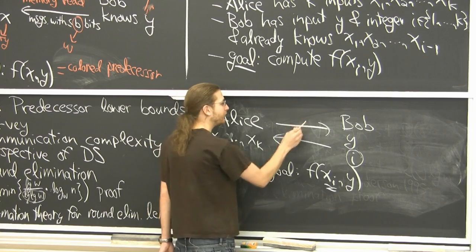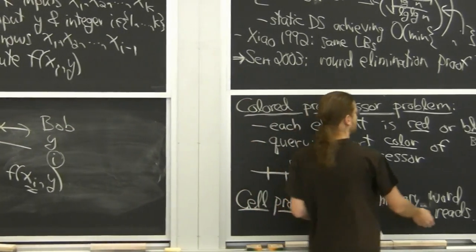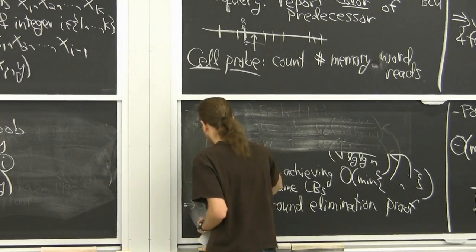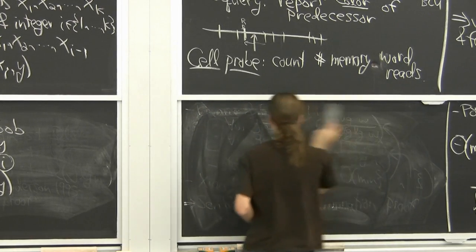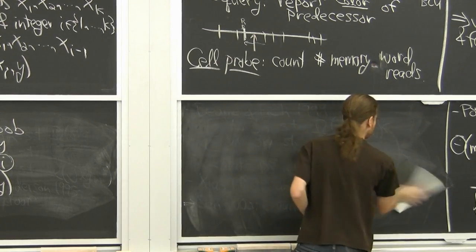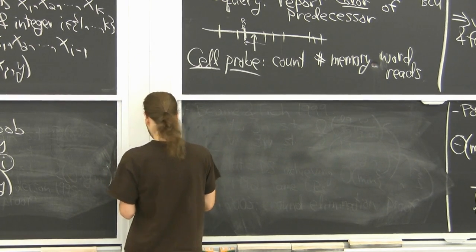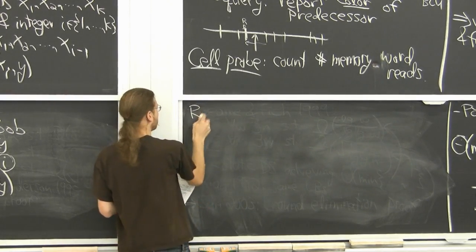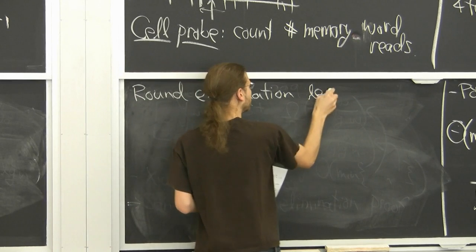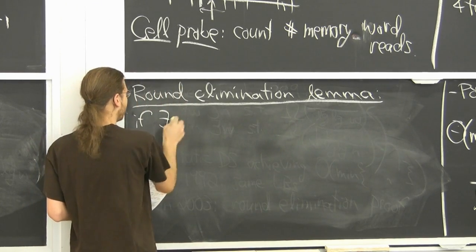But what does it mean to eliminate this first message? Let me formalize the round elimination lemma a little bit. Here's the round elimination lemma.